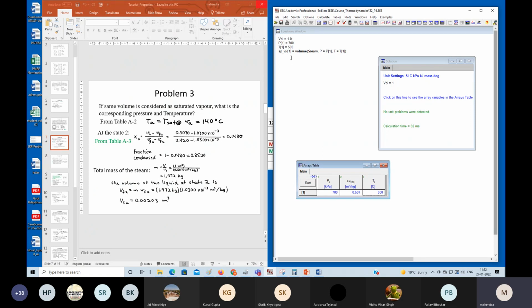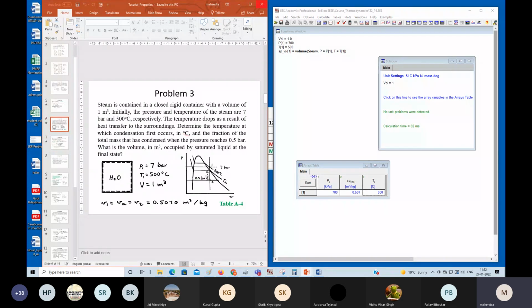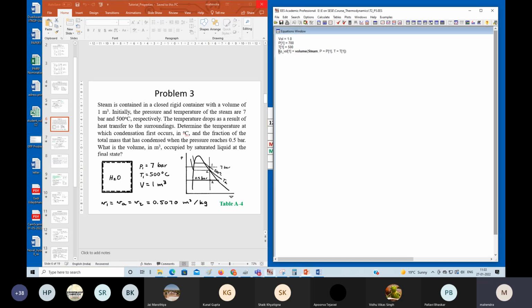Let us consider this is 2, this is 3 for our convenience. You don't need to worry about A, B and all. Let us consider 1, 2, 3. Obviously specific volume 2 equal to specific volume 1. Is it? Because even specific volume 3 also.